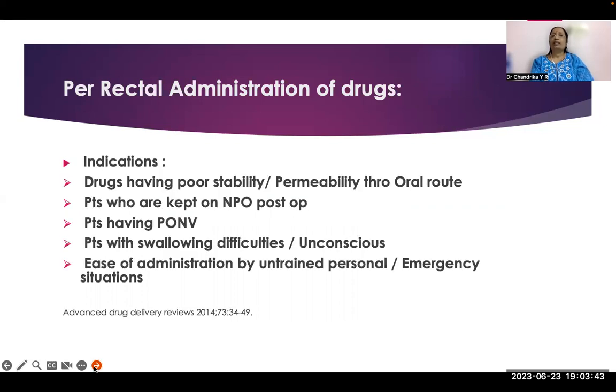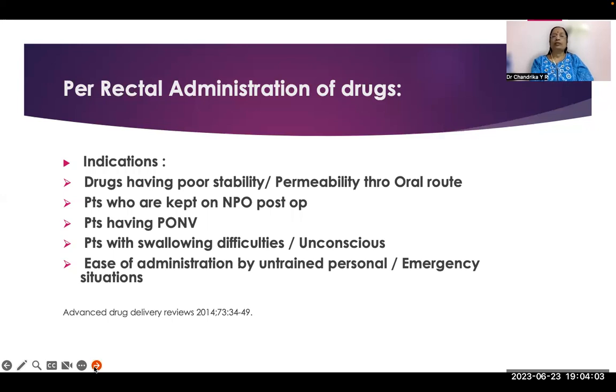What are the indications for per rectal administration of drugs? Those drugs which have poor solubility or poor stability and permeability through the oral route can be given through the rectal route.